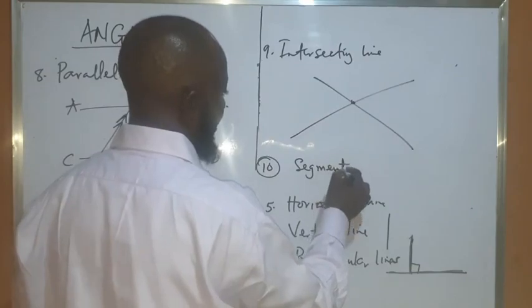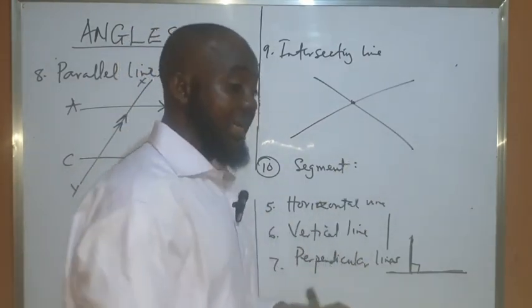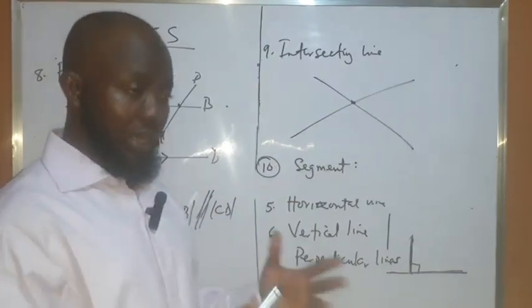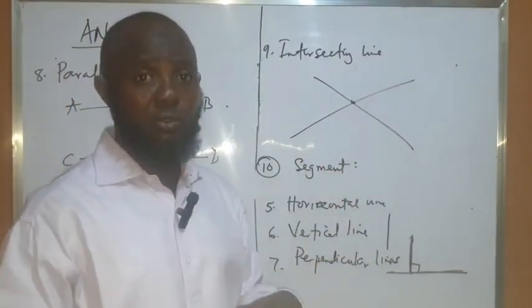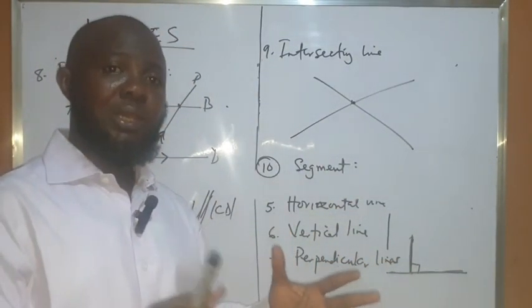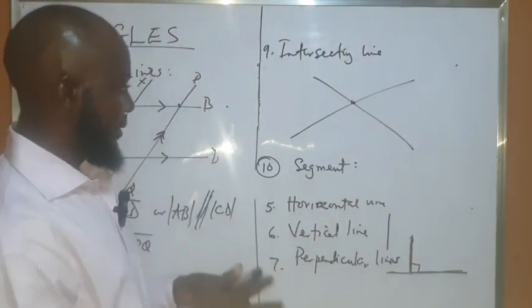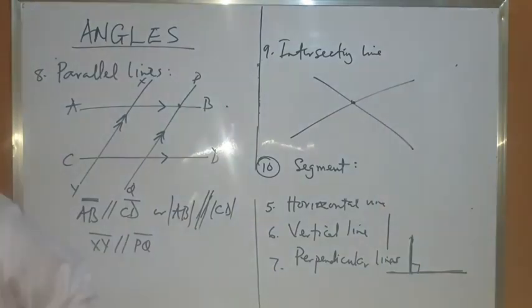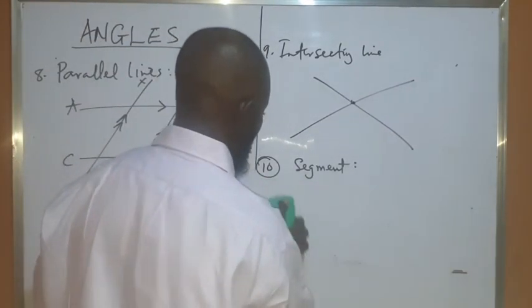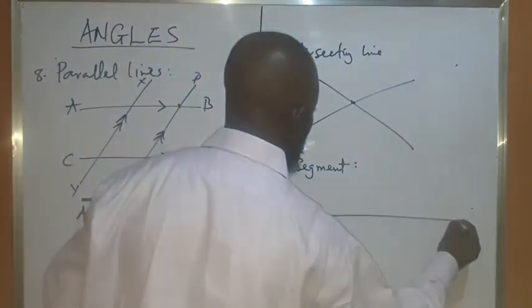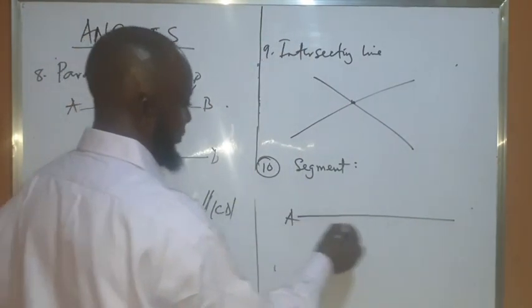Segment of a line. We have different kinds of segments, like the segment of a circle, you understand? But here we're referring to a segment of a line. A segment of a line is just a portion of a line. For example, we have this line here, line AB.